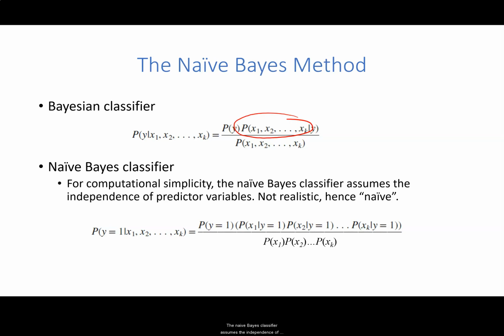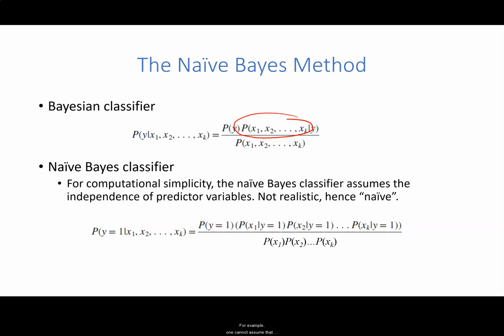The naive Bayes classifier assumes the independence of predictor variables instead. The independence assumption is often not realistic, or naive, hence the name naive Bayes.